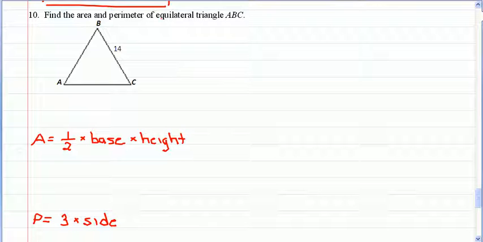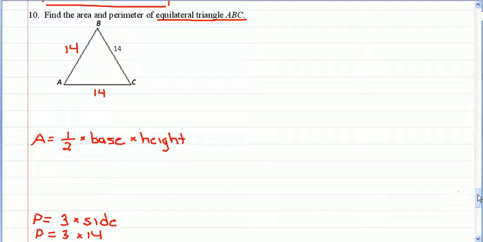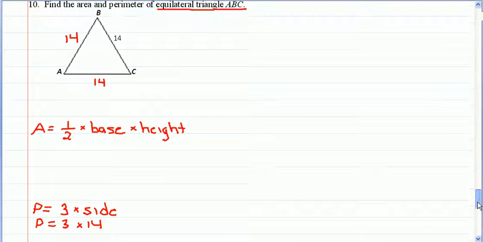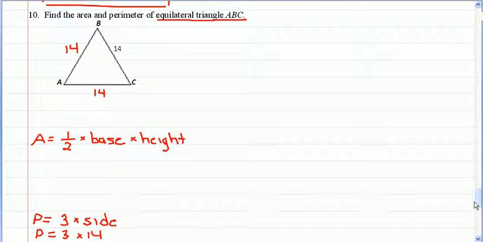So again, with an equilateral triangle, we know that we have 3 sides that are equal and 3 angles that are equal to 60 degrees. So all of the sides are equal to 14. So before we go any further with this, we can find the perimeter as 3 times 14 and 3 times 14 is 42, so we've already found our perimeter.